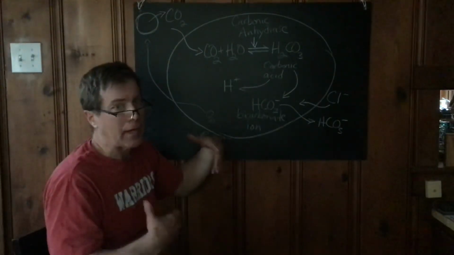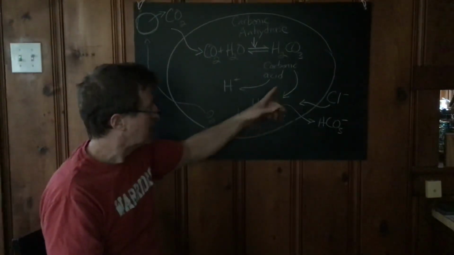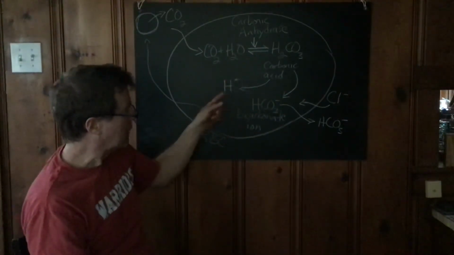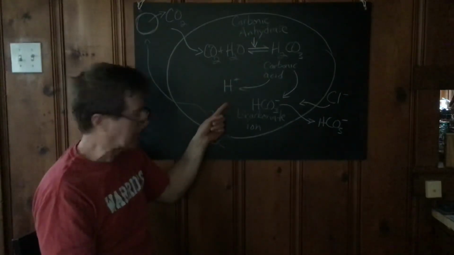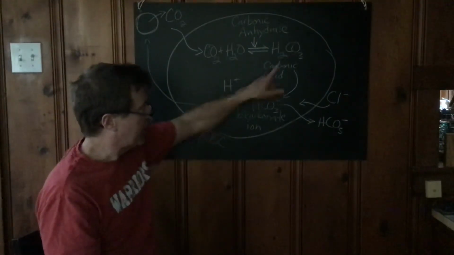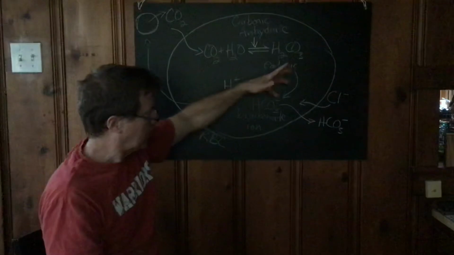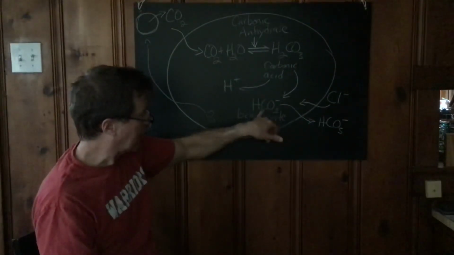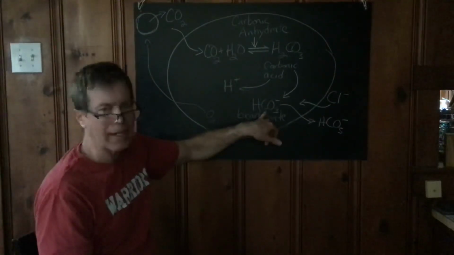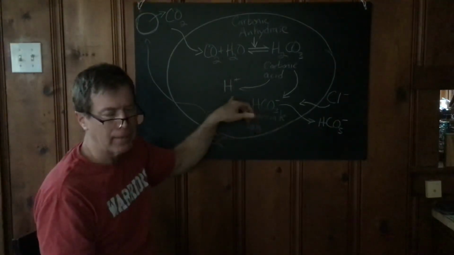When things in the body, particularly in the blood, get to be too acidic, that means there's too many hydrogen ions present. And this acid can dissociate, and hydrogen ions can then bind to bicarbonate ions to neutralize that acidity.